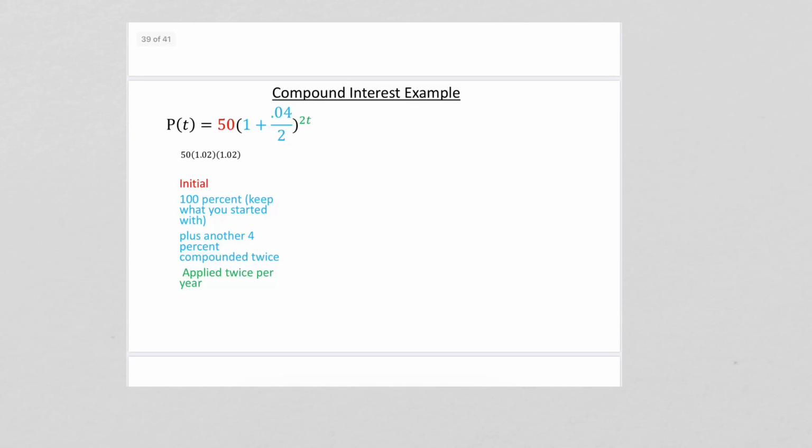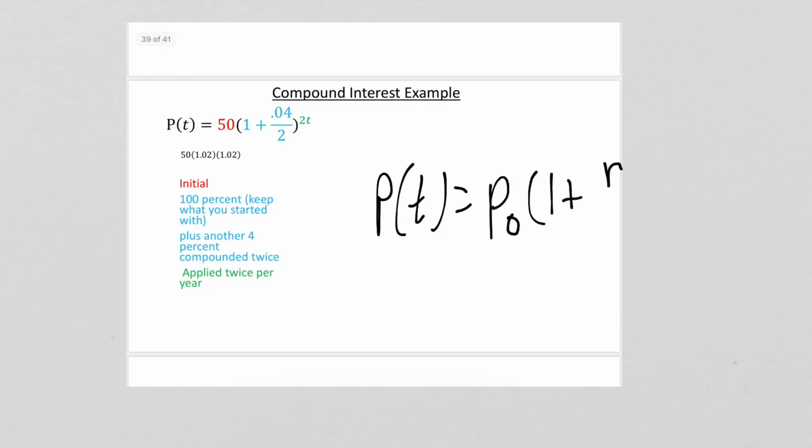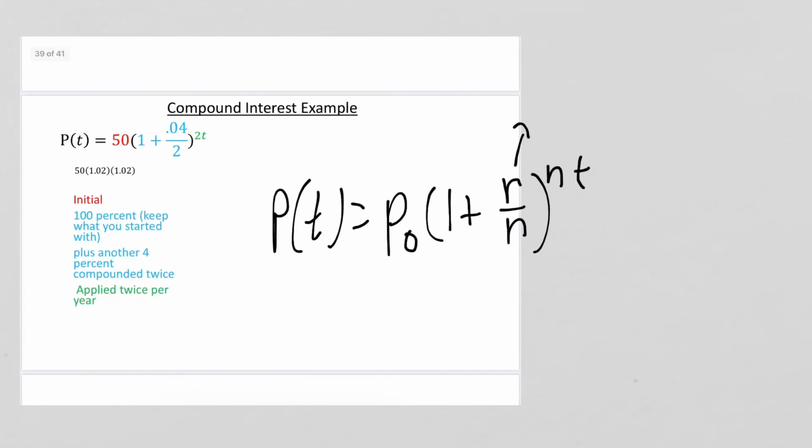So how this might be written would be P of t equals P naught, where this is the initial amount, times 1 plus our interest rate divided by n, to the n times t. So this is percent interest as a decimal.